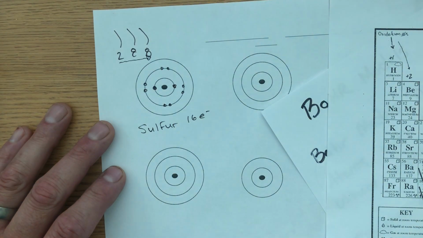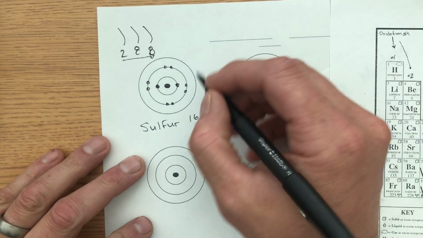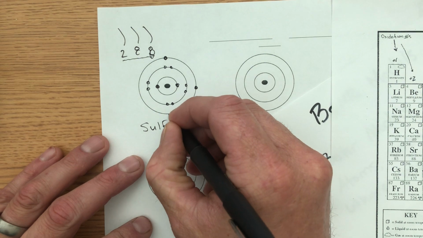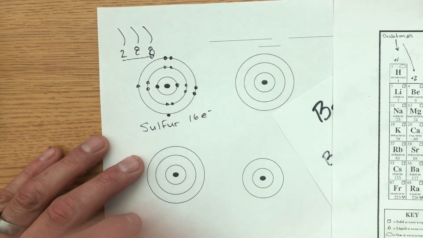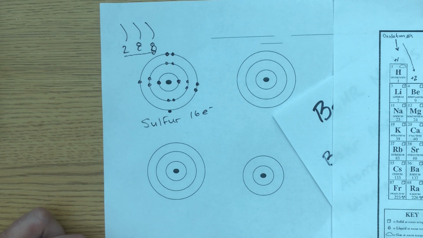And there's our 8 electrons. At this point, we've added 10 total electrons. We're trying to get to 16, so we need 6 more electrons. So that's 1, 2, 3, 4, 5, and 6. Okay, and that is the completion of a Bohr model for an atom of sulfur. All right, I hope that's easy enough.